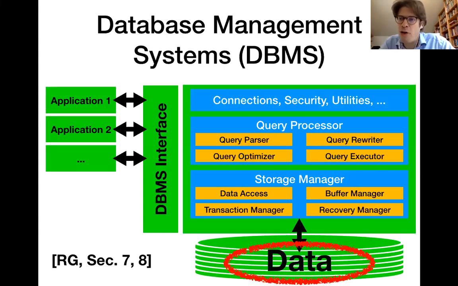First of all, we're going to talk more about how the data of your database management system is organized and stored. So here we are at the lower part of this diagram that I have introduced in the first lecture. The relevant chapters in the Ramakrishnan and Gehrke book are chapters 7 and 8 in particular.